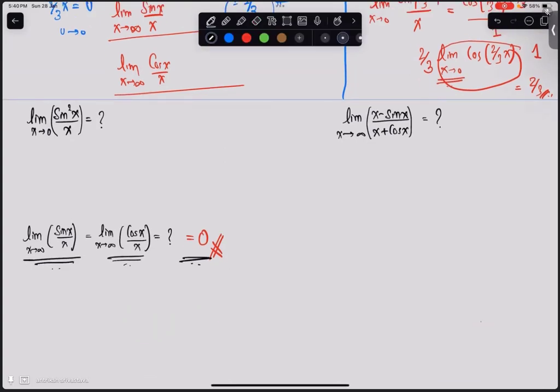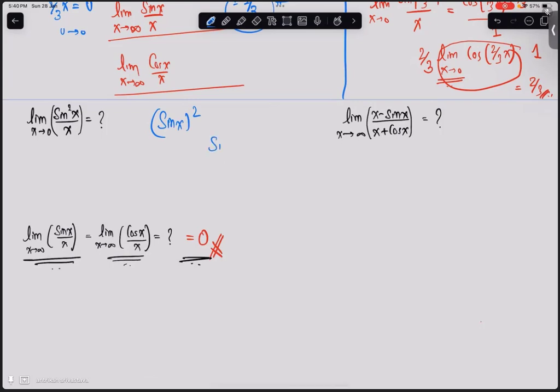So we have sine square x by x, or you can even write this as sine x square. This is not sine of x square. Don't get confused with that. Now, how do we solve this? Let us see. So, you can write this as limit x tending to 0 of sine x by x whole square into x.